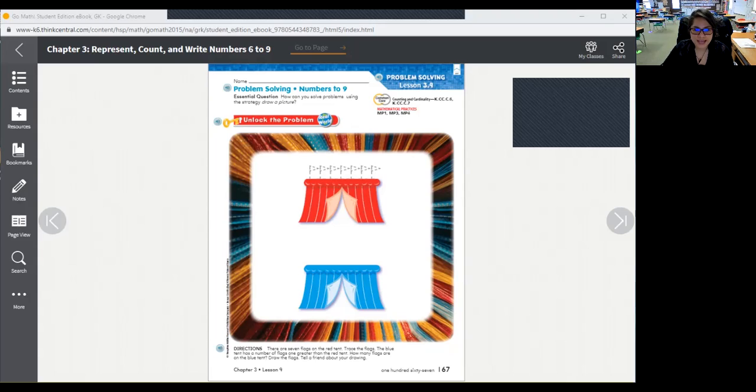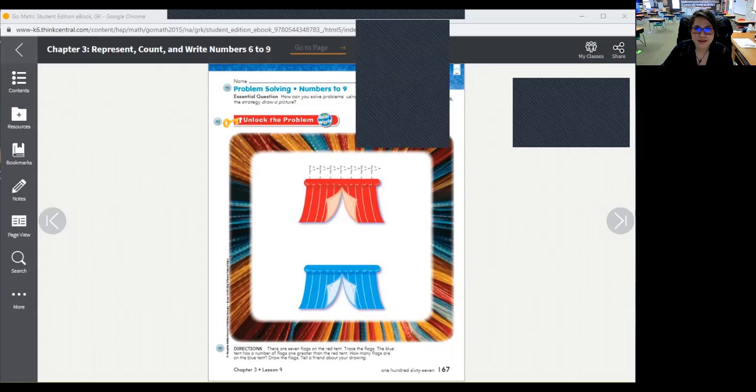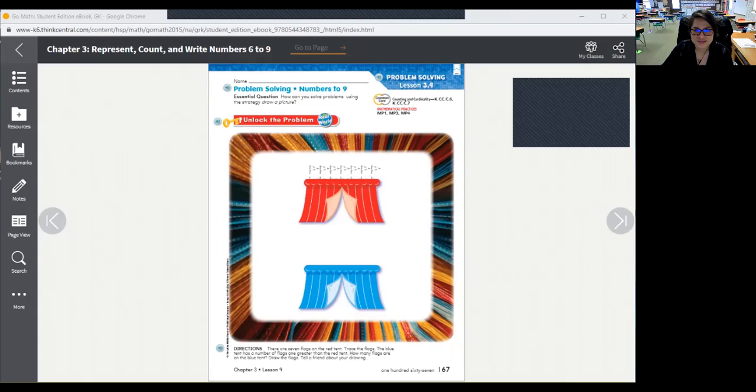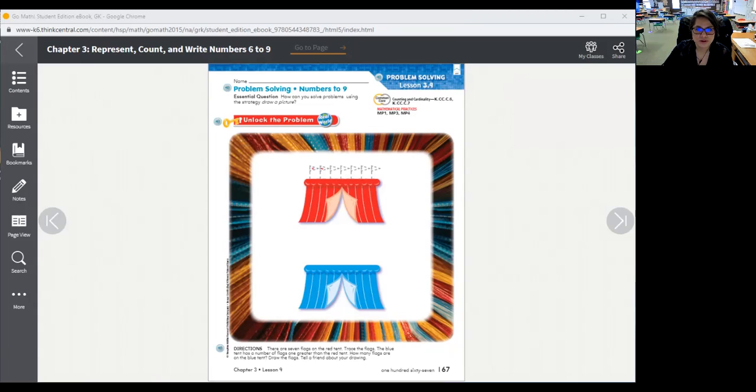So it said there are 7 flags on the red tent. So here they are on the red tent. They're right there. So we're going to go ahead and count them to make sure there are 7, okay? There's 1, 2, 3, 4, 5, 6, 7. Yep, there's 7 flags right there.